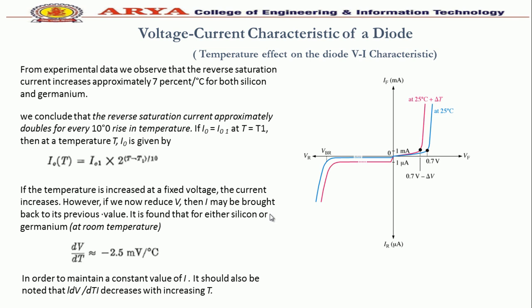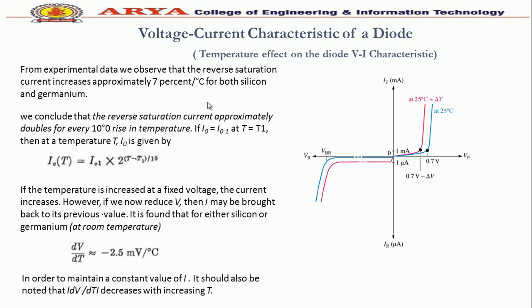So in this particular slide, how the temperature affects the diode VI characteristic. So from the experimental data, we can observe that the reverse saturation current increases approximately 7% per degree centigrade for both silicon and germanium. So from this we can conclude that the reverse saturation current approximately doubles for every 10 degree rise in temperature.